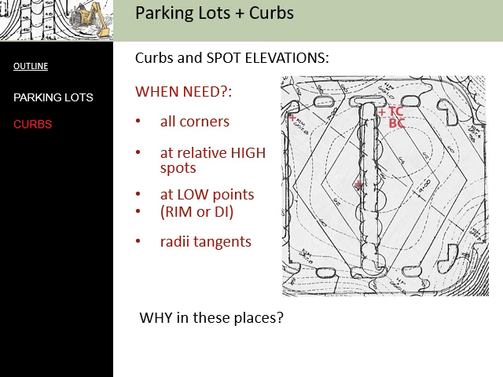And finally, we have to have spot elevations at all radius tangents. So if we have a curved line that then becomes straight, we have to have a spot elevation where the straight portion of the curb intersects with the curved portion of the curb.